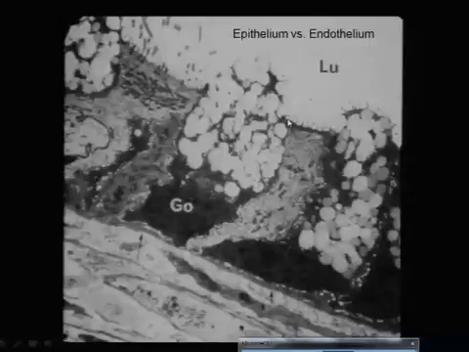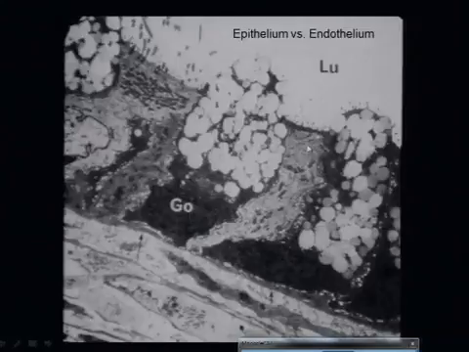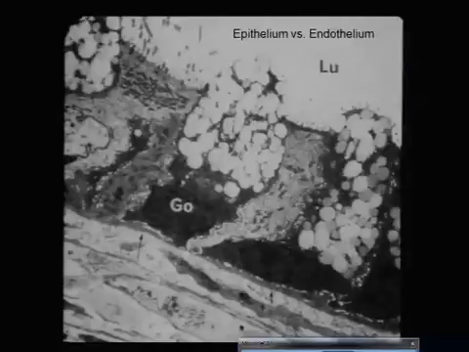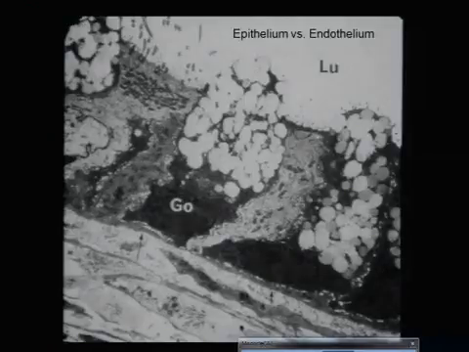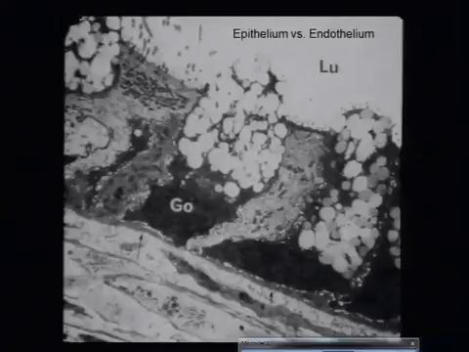And this here represents, once again, the lumen of the airway. These are epithelial cells. Epithelial cells cover all surfaces that come in contact with the environment. You have epithelial cells on your skin, in your airway, in your GI tract.